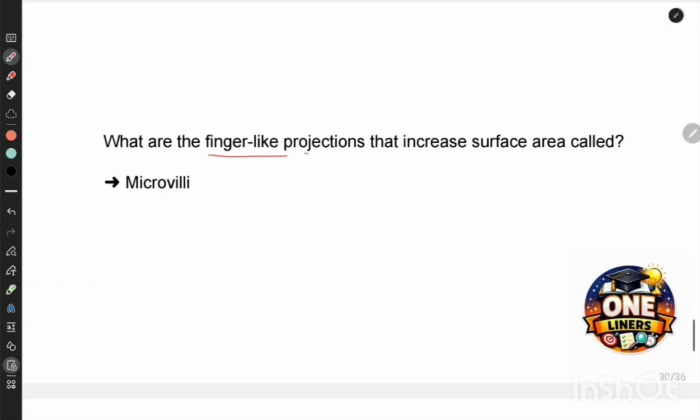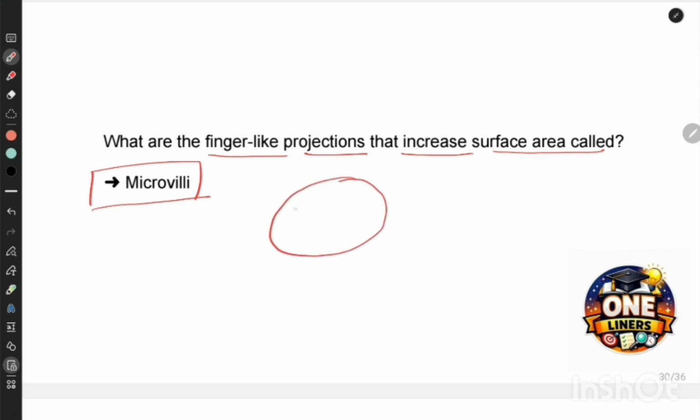What are finger-like projections that increase surface area called? So these are known as microvilli. For example, if this is the surface, okay, if some material passes from here it will not take much time to pass through here because surface is smooth.